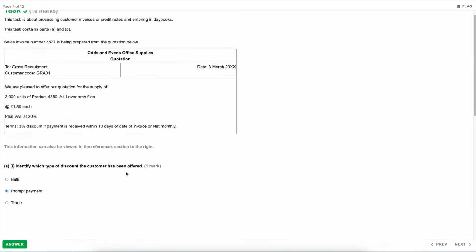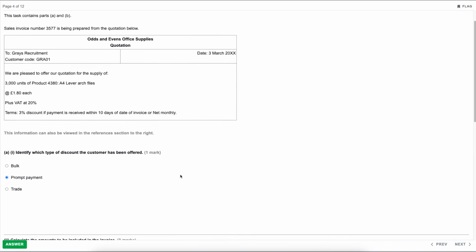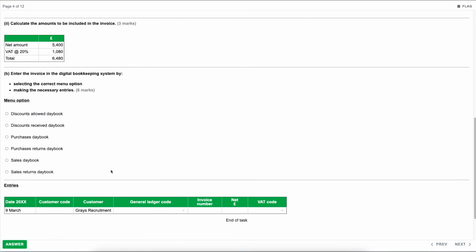If we scroll back up, it states within the question, sales invoice number 3577 is being prepared from the quotation below. So this is an invoice that we are sending out. So we have sold these products. So if we scroll down, that would therefore relate to the sales daybook.